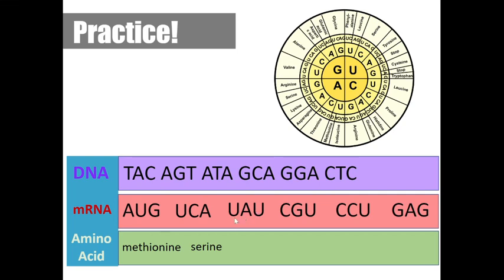Okay, so you have U, A, U. So once again, we are going to be back on this side of the codon chart. We're going to our A, so it looks like we've got two different choices here. So what's our last letter? Okay, our last letter is U. So we know there's our amino acid.